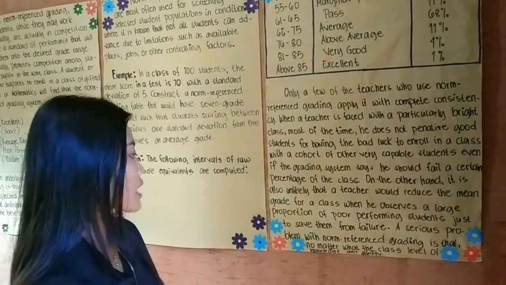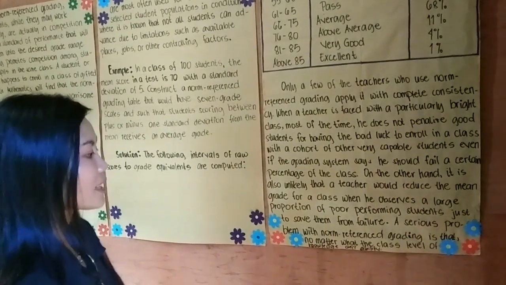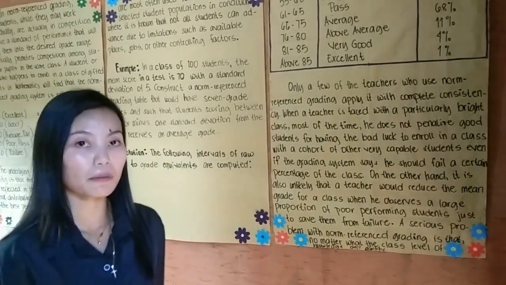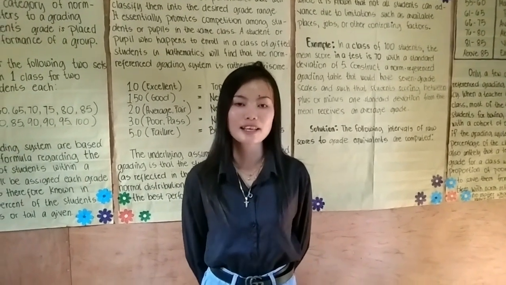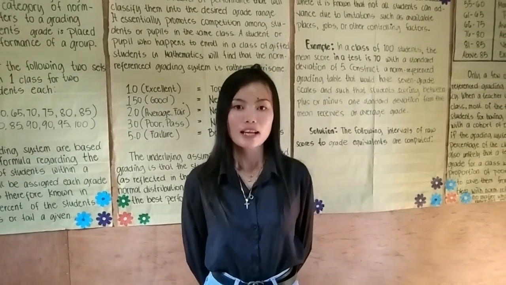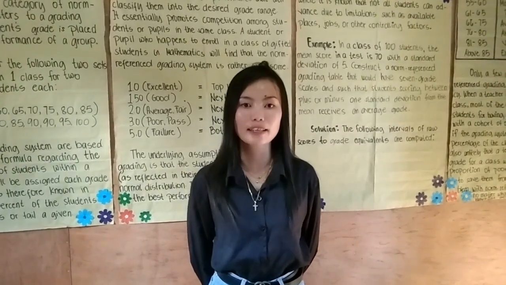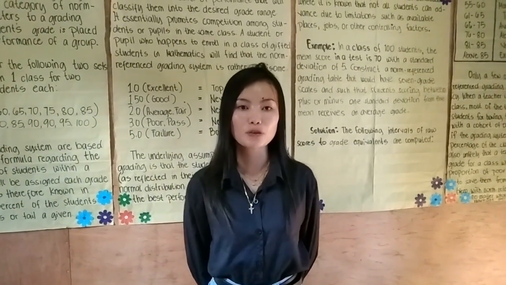A serious problem with norm reference grading is that it is applied no matter what the class level of knowledge and ability. The specific learning objectives of norm reference classes are often kept hidden, in part out of concern that instructors not give away the test or the teacher's priorities, since this might tend to skew the curve.